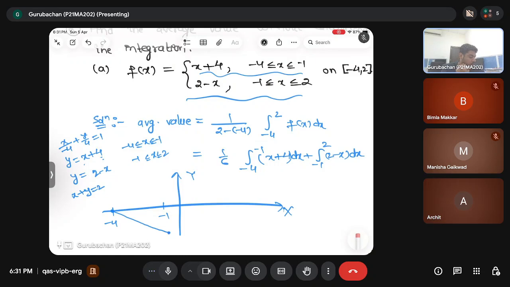Okay, so this line will be upwards, I mean, is it? So this line will be like this. Yes, because the y-intercept is positive and the x-intercept is negative. You were right.